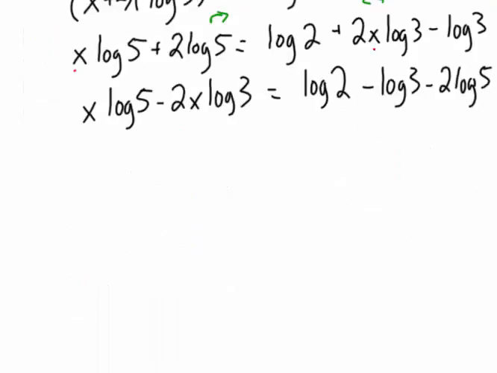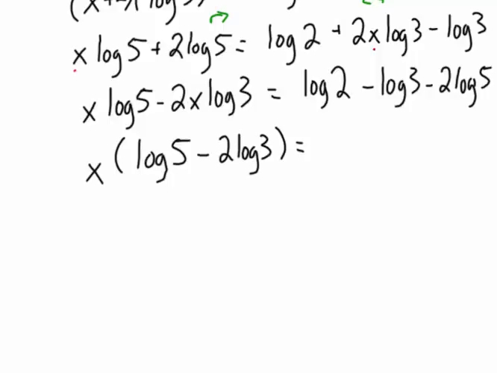We have a common x that can be factored out. Take out an x, and we'll be left with log 5 minus 2 log 3. And that's going to equal log 2 minus log 3 minus 2 log 5.